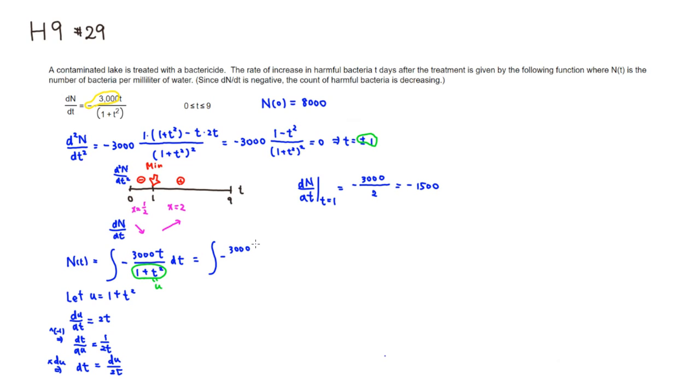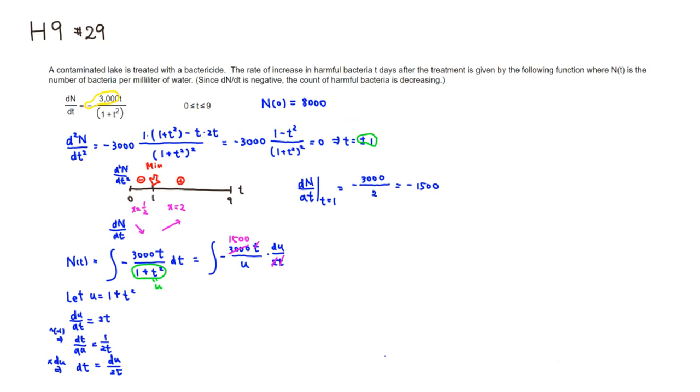I'm going to leave the t here, but we decided to call the denominator u, and dt can be replaced by du over 2t. So we can cancel t, and actually the 2 and the 3000, so it's going to be 1500 there.